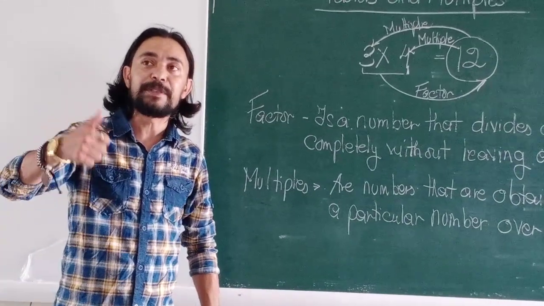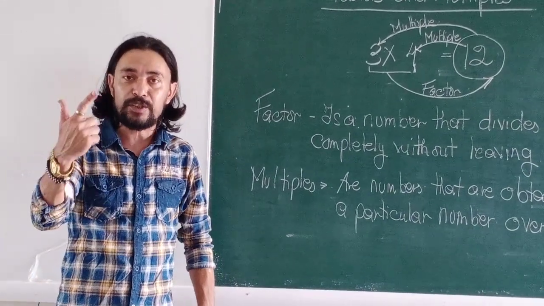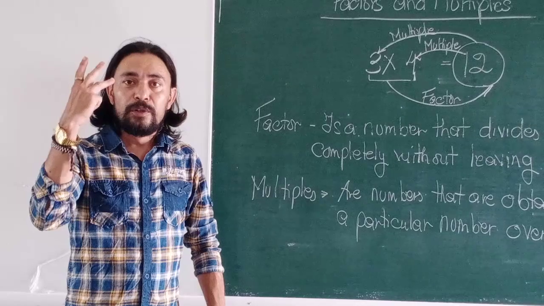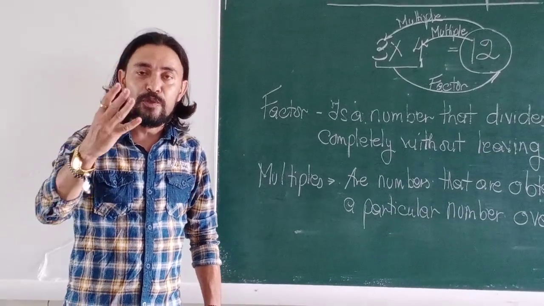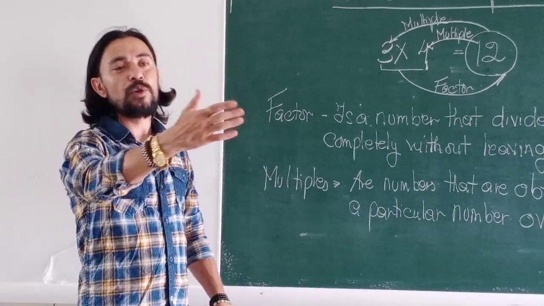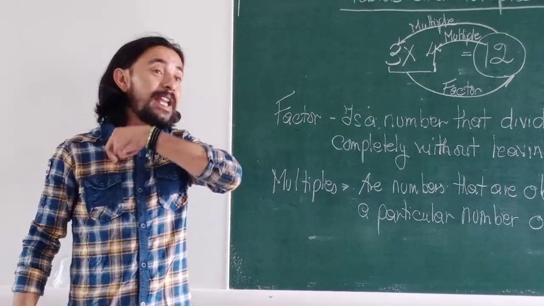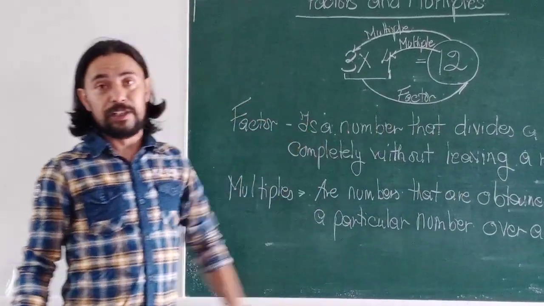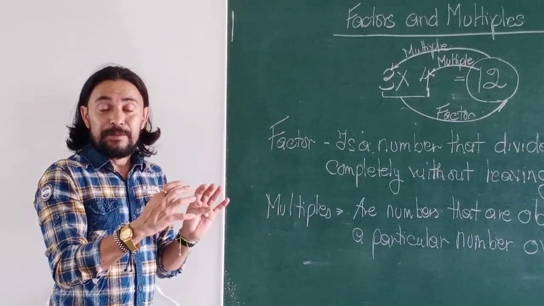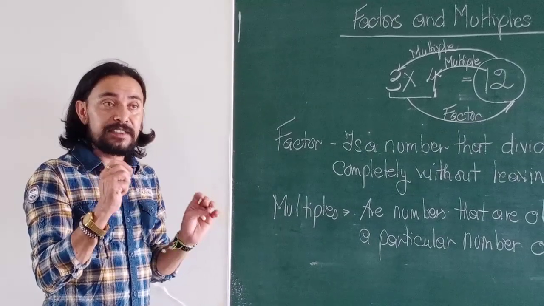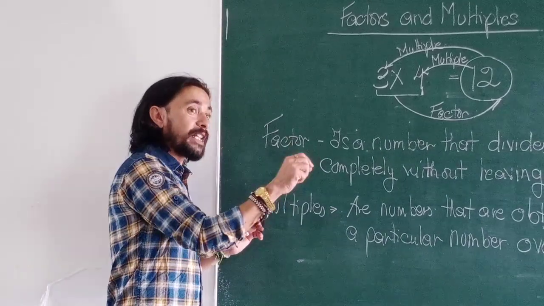Like if I say tell me the multiples of 2, it will be 2 ones are 2, 2 twos are 4, 2 threes are 6, 2 fours are 8, 2 fives are 10, and so on and so forth. Multiples can go on and on forever, but factors are limited. Because when I talk about factors, factors means a number that can divide that particular number.